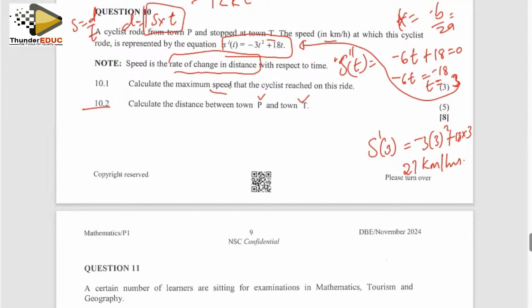Now, what we can start with is look at the speed initially, okay, at T0. When T is 0, the V is also 0, or the speed is 0 kilometers per hour. Now we know that at T3, that's when the maximum is attained, which is 27.